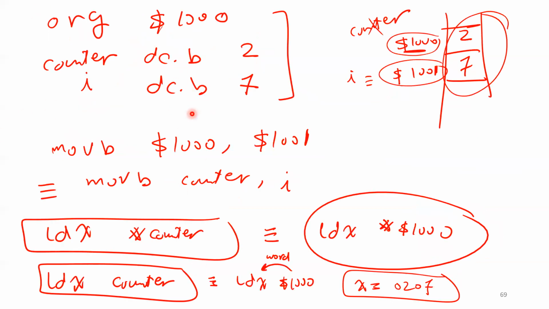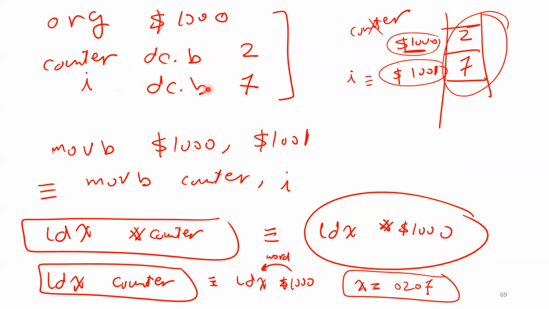I'll give you another example. For example, org 1000, then I define two variables. One is called counter, dc.b, byte, initial value 2, and this one should be at location 1000. So counter is at location 1000.